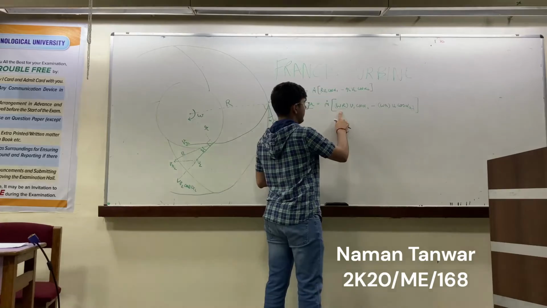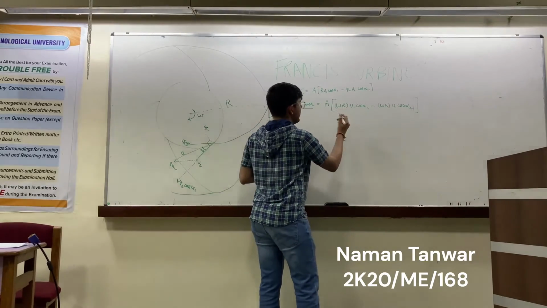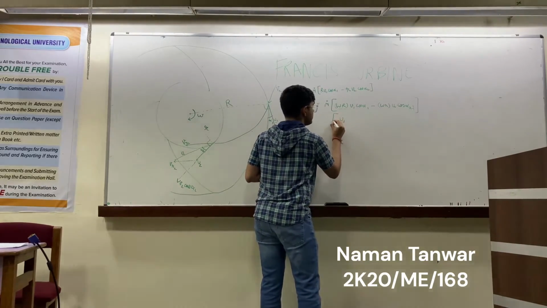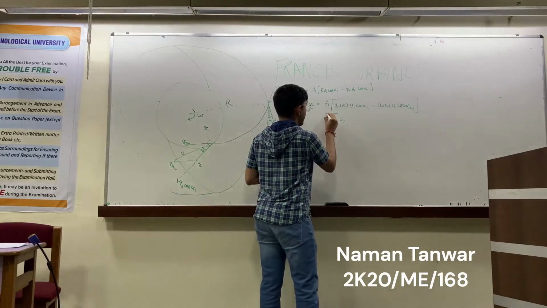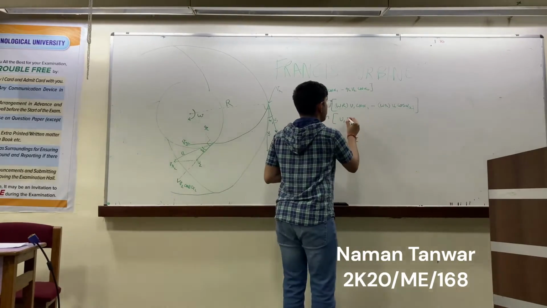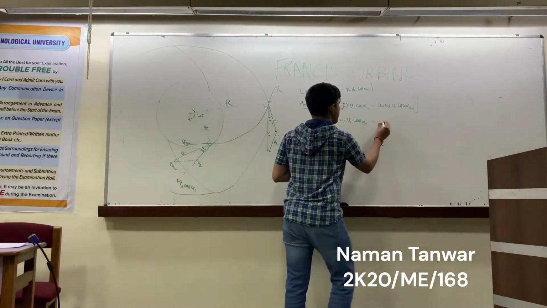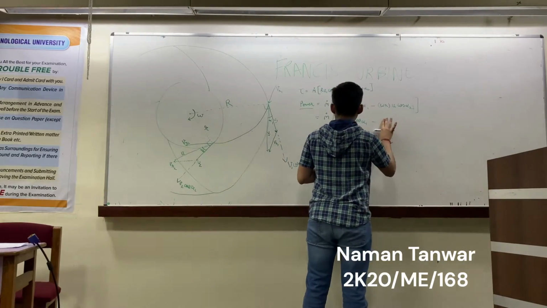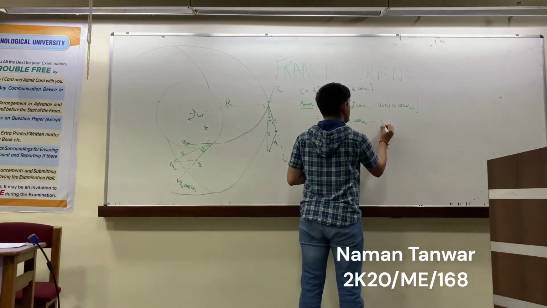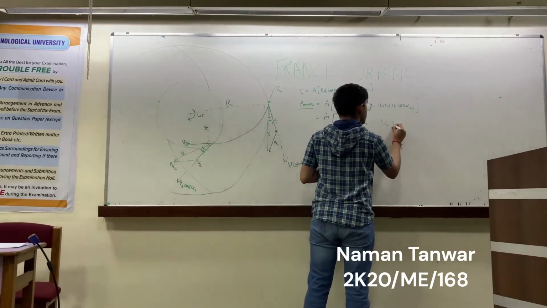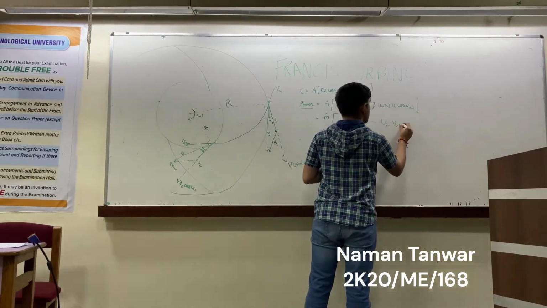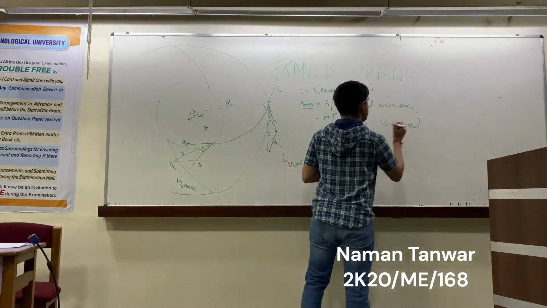Since it's capital R, it will be u1 and v1 cos alpha 1 minus, it will be converted to u2 v2 cos alpha 2.